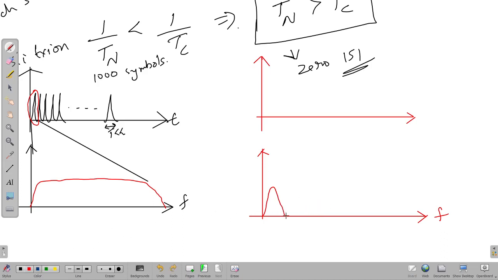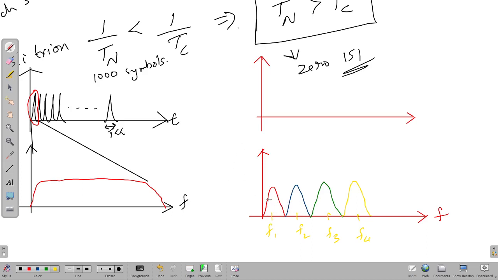It will make the diagram clearer. Suppose the second substream is like this. The third substream is like this, etc. So there are multiple subcarriers or substreams, with center frequencies F1, F2, F3, F4, and the bandwidth of each substream doesn't overlap with the other substreams, which means they are orthogonal to each other. They are not interfering with each other in the frequency domain.